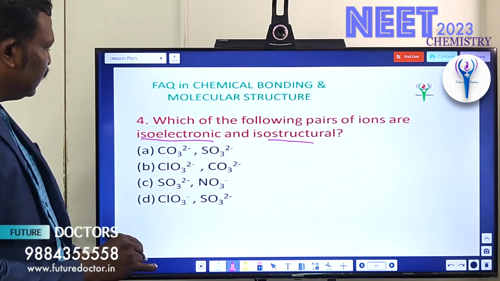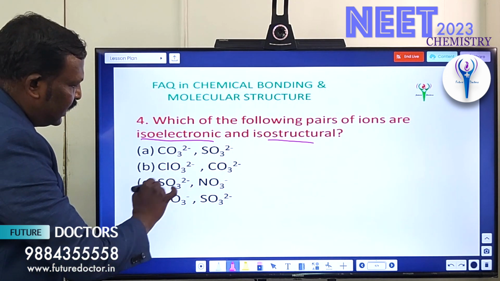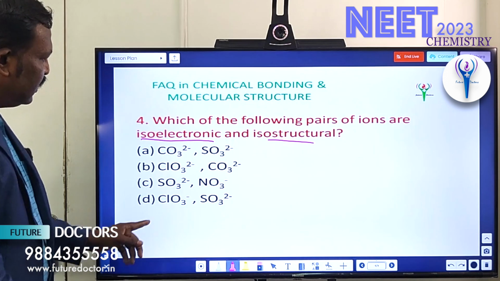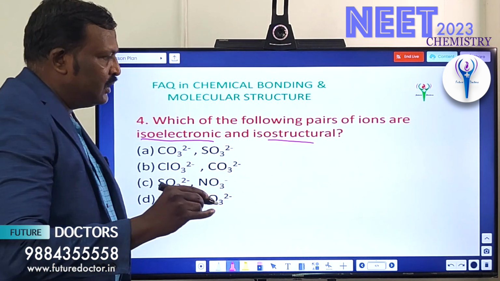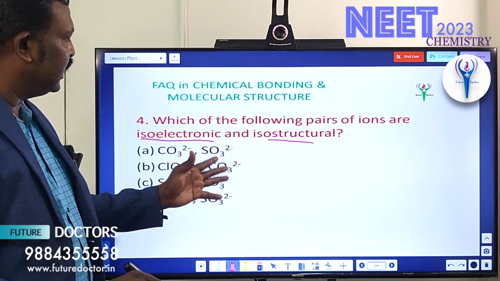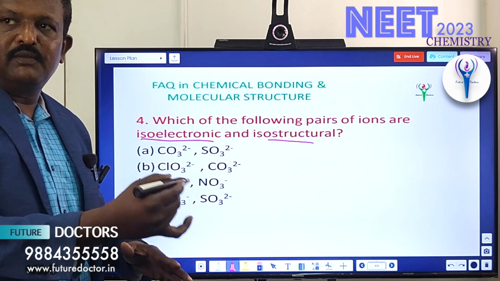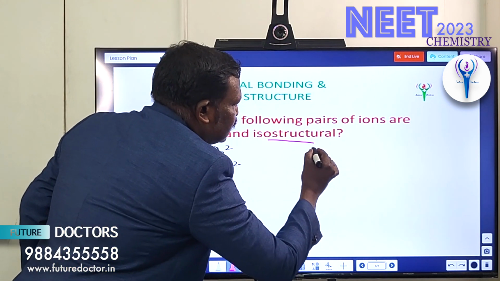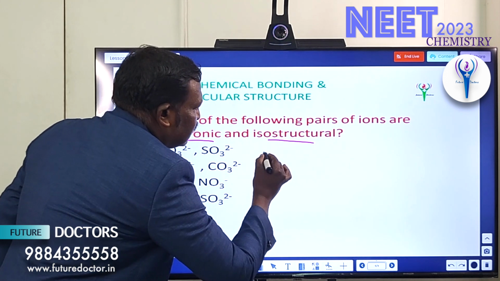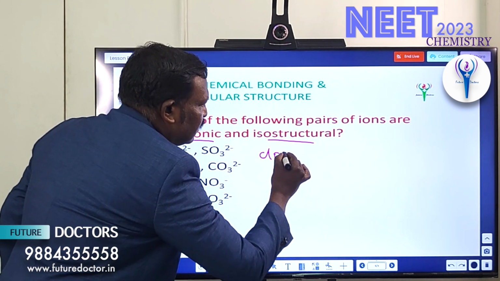Now I am going to see the answers only. I take this ClO3 molecule. How to find out, I will explain. Like this, you can find out the other one. See, I am taking these two molecules: ClO3 minus.